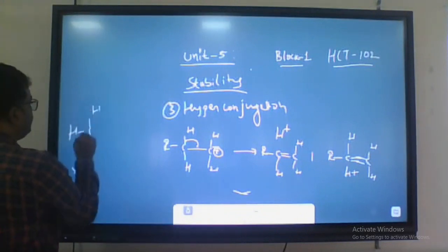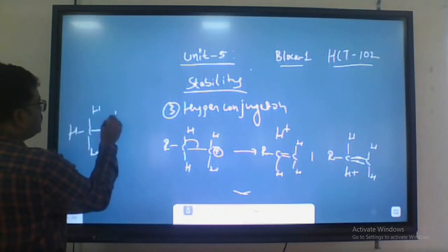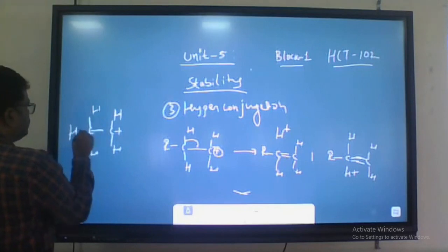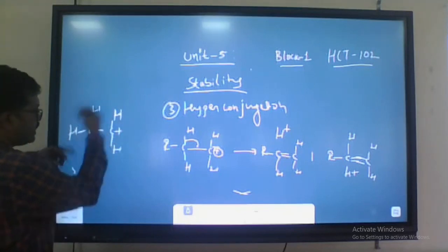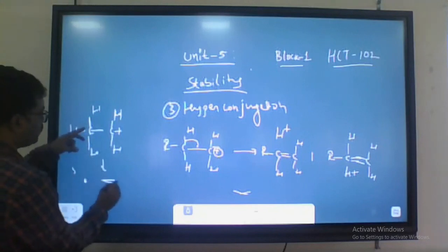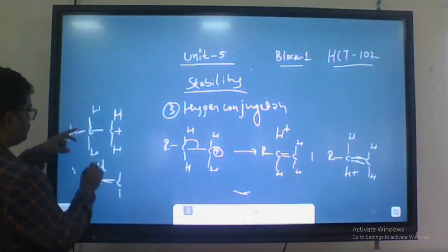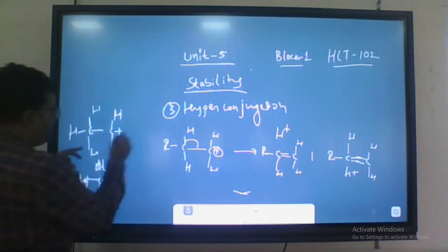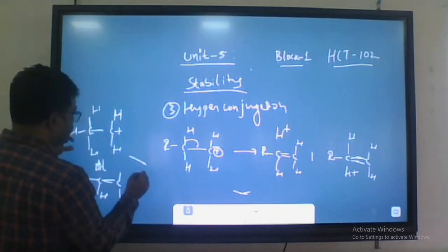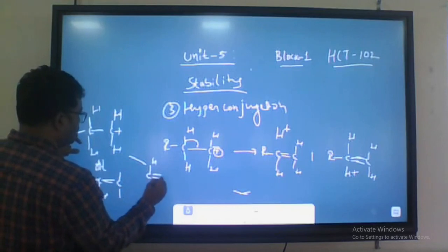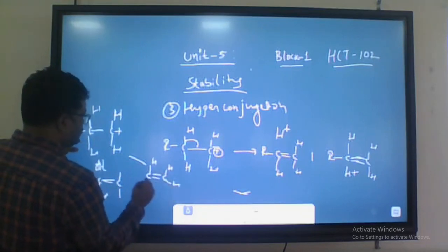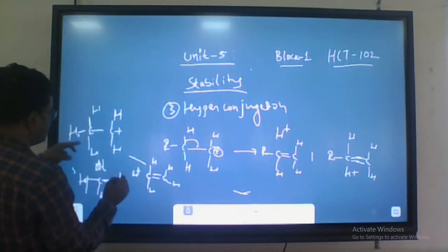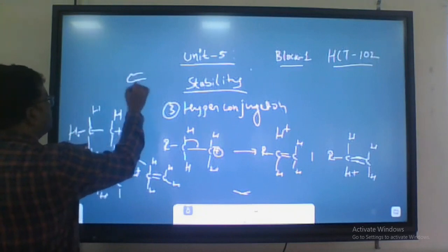In the same way, if all three hydrogens are there, it happens 3 times like this. First carbon, one hydrogen; next, second hydrogen; take this hydrogen.